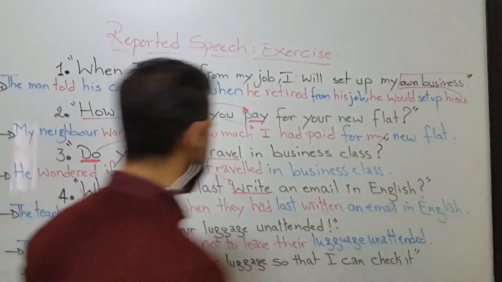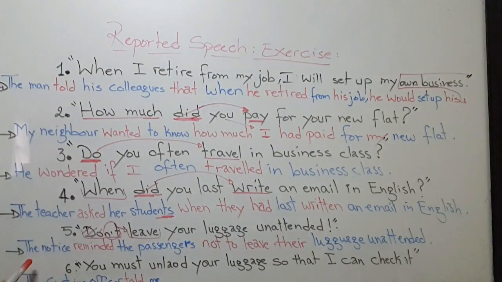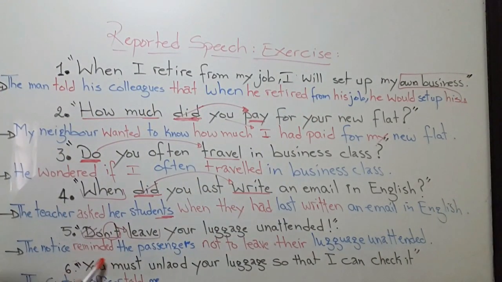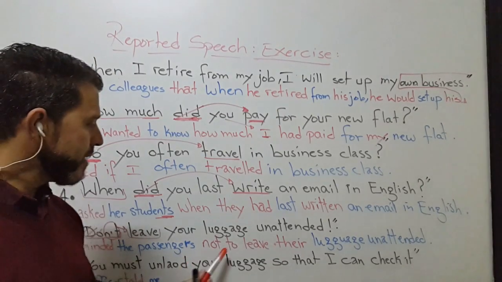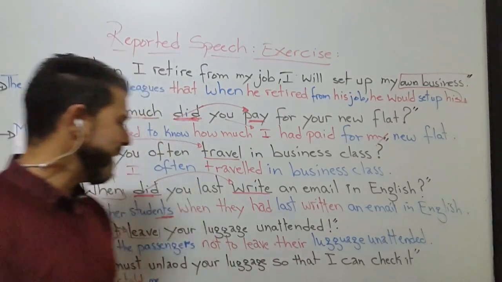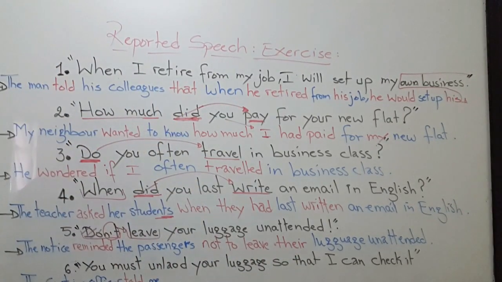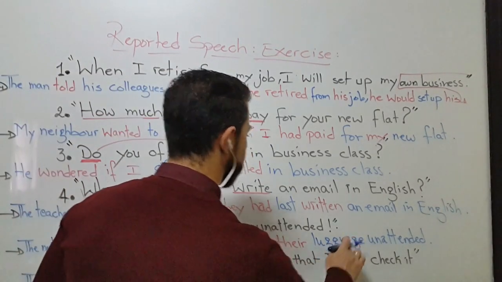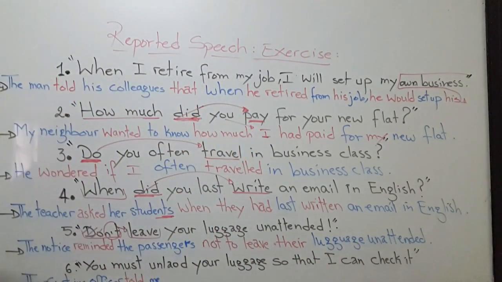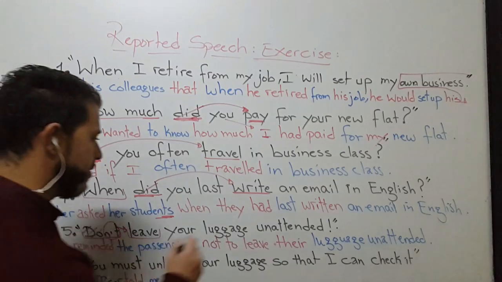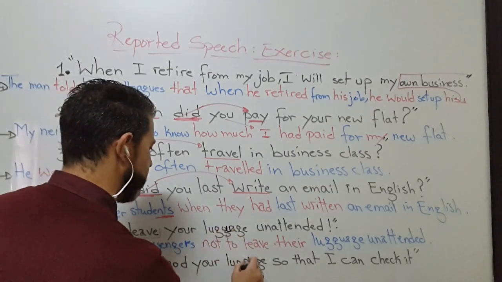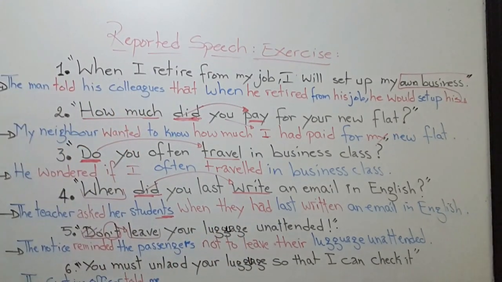Good. Not to leave their luggage unattended. The sentence goes like this: The notice reminded the passengers not to leave their luggage unattended. Okay, and luggage here has you. Good.